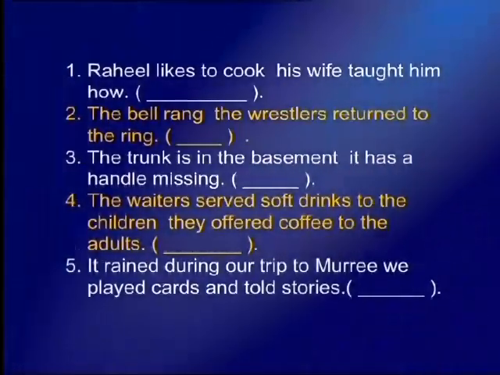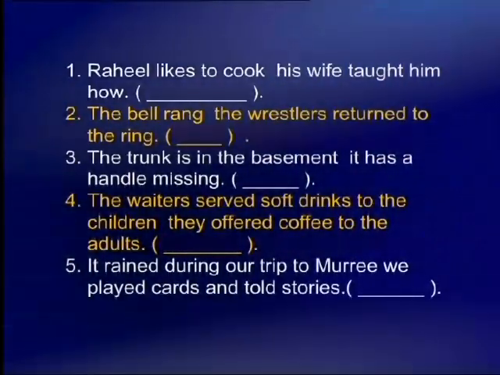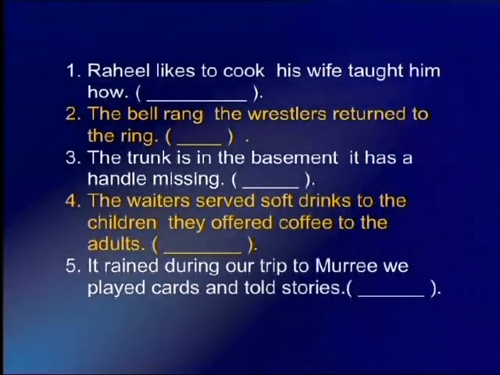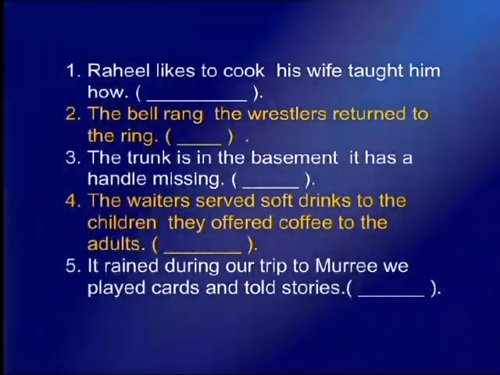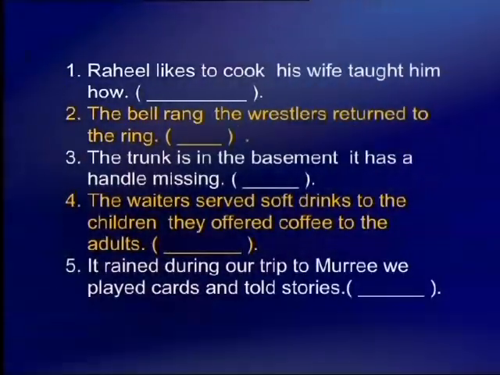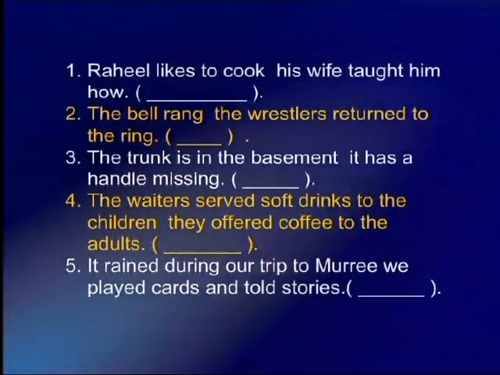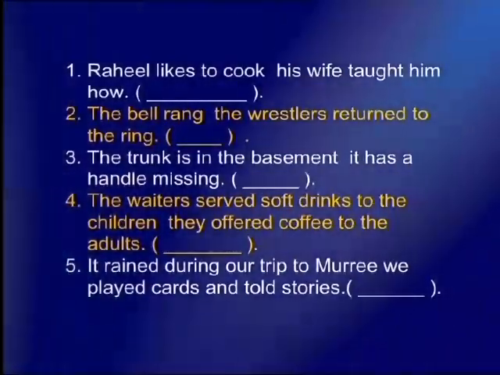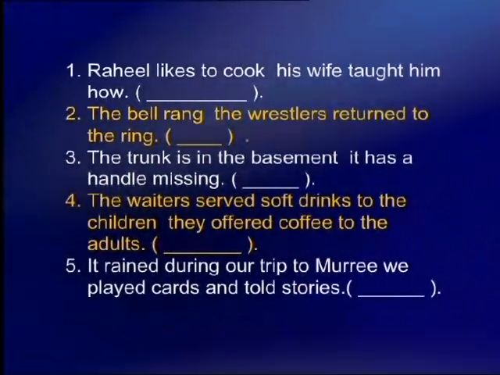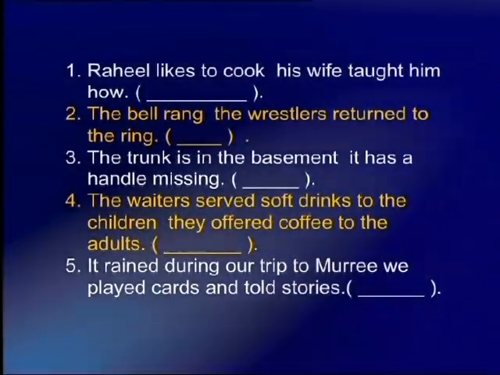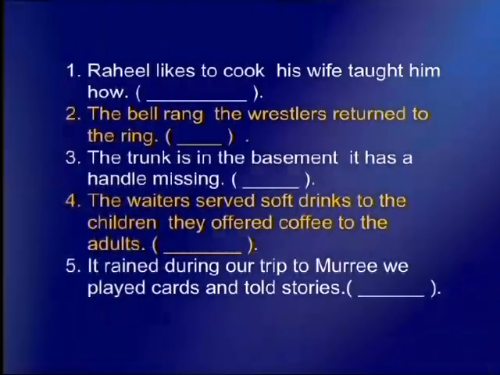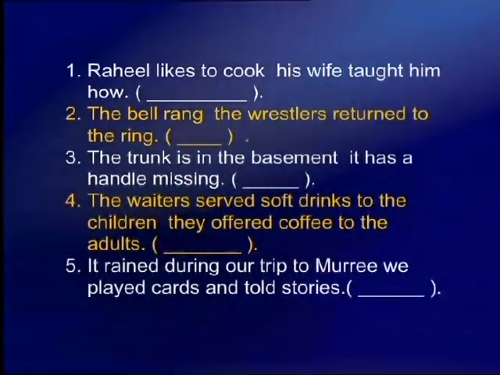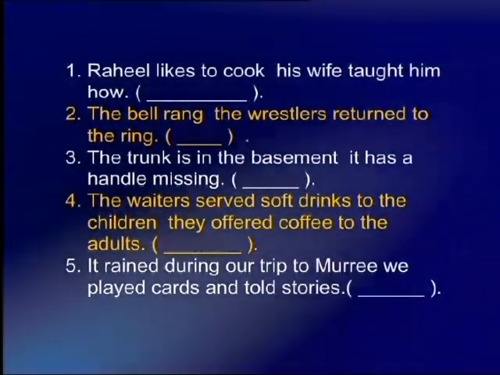The second sentence, the bell rang, the wrestlers returned to the ring. If you notice carefully, two complete thoughts. The bell rang, one thought. The other one, the wrestlers returned to the ring. And that is an example of a comma splice. Sentence number 3. The trunk is in the basement. It has a handle missing.